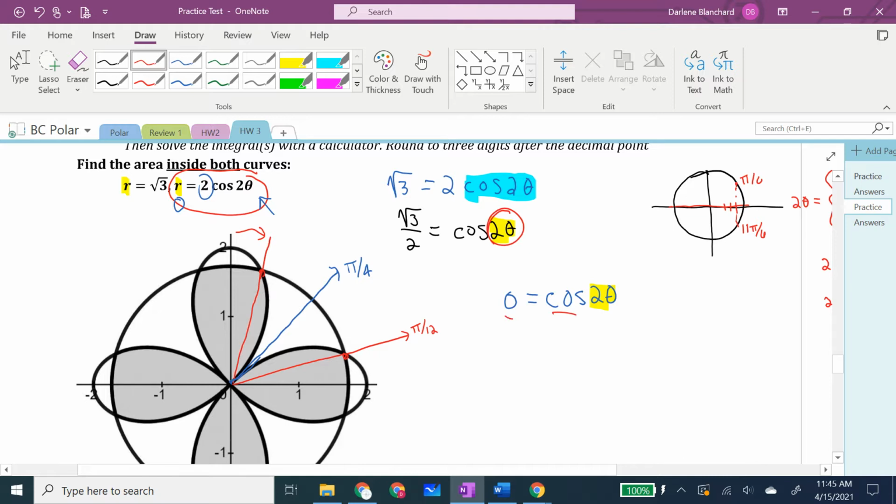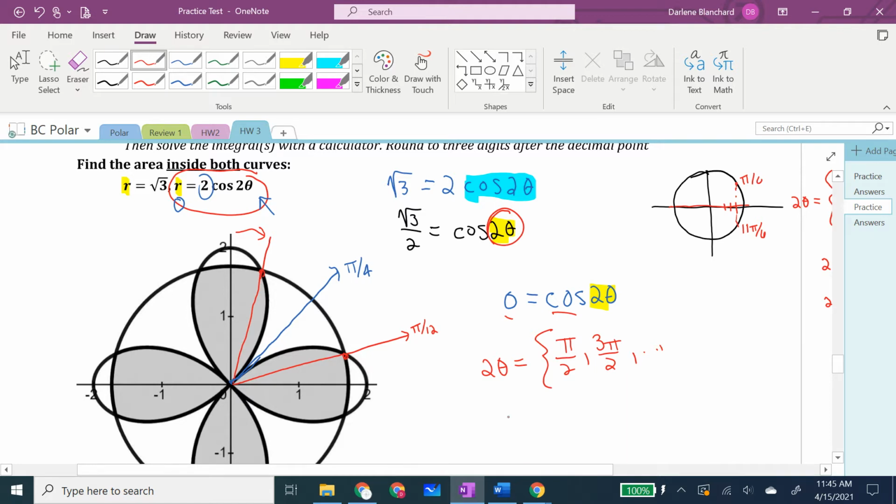And then what are the angles where cosine is 0? Hopefully you remember a little bit. Pi over 2, 3 pi over 2, all the odd multiples of pi over 2. And when I make that be 2 theta, there's a dot, dot, dot the other way, but I don't feel like writing it at this exact moment because I don't have space.